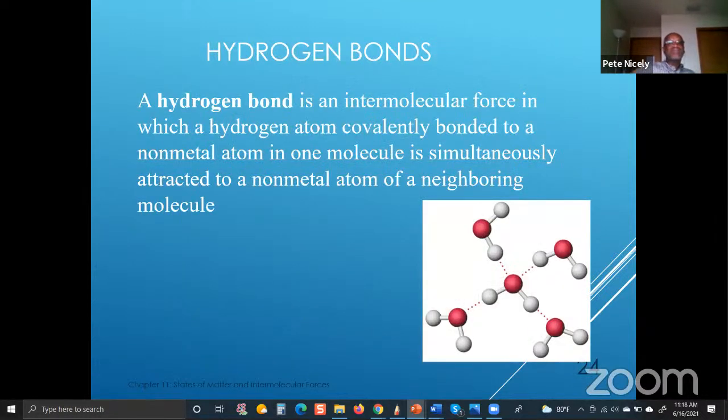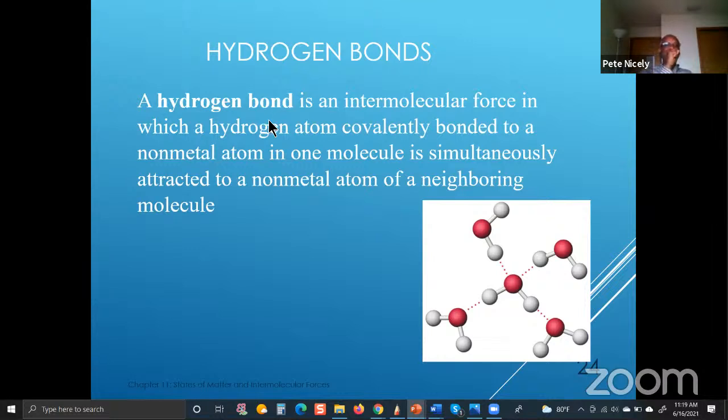Now, there's one special type of intermolecular force, which is actually a dipole-dipole type interaction, but it's unusually strong, and it's called a hydrogen bond. The bond part of the term is a bit of a misnomer because it's not an actual chemical bond where electrons are being shared.